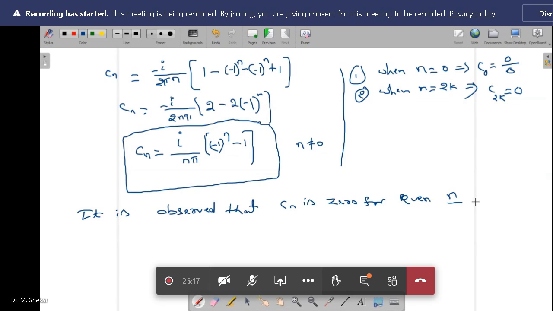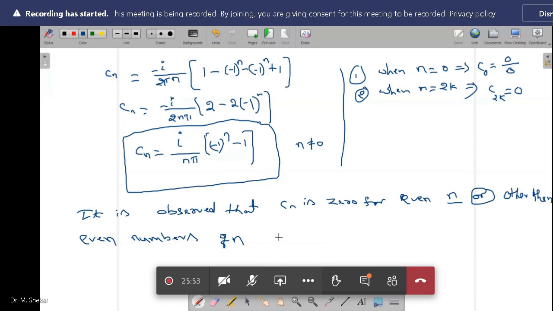So you should not consider even numbers of n, even including 0. Other than even numbers of n, Cn is non-zero.